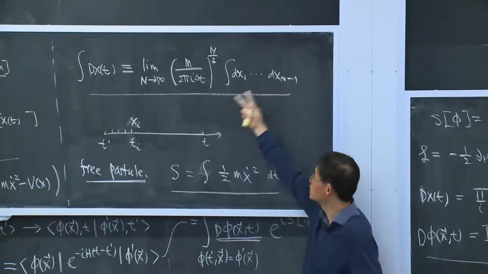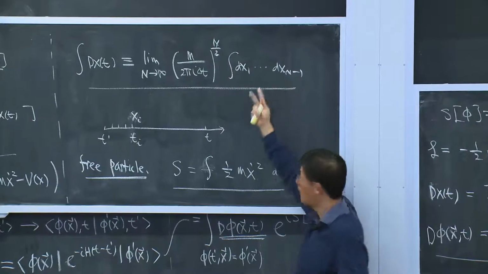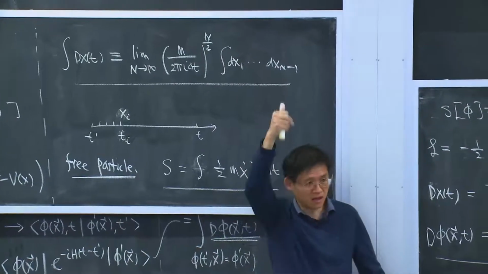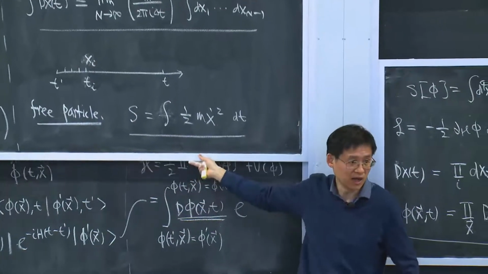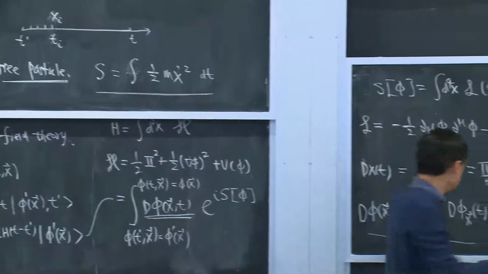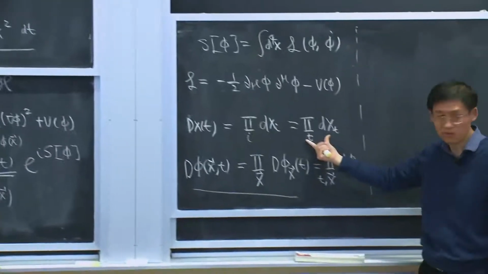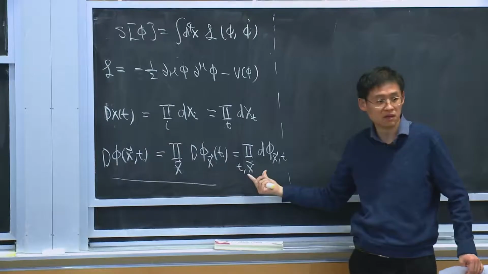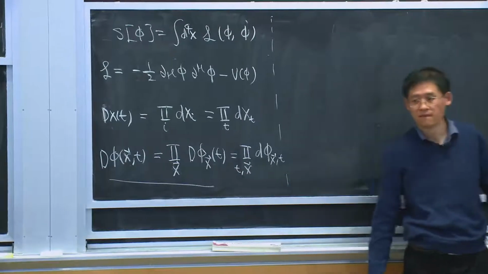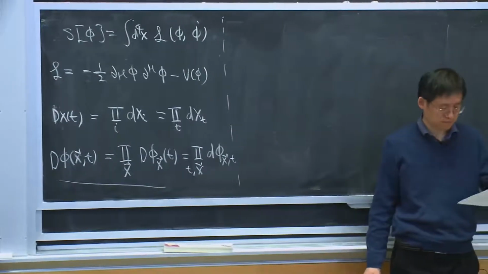But if I go to the continuum limit, essentially at each point t, I have integration over x, and that's roughly the continuum form of that, and here it's similar. Yeah. Okay.